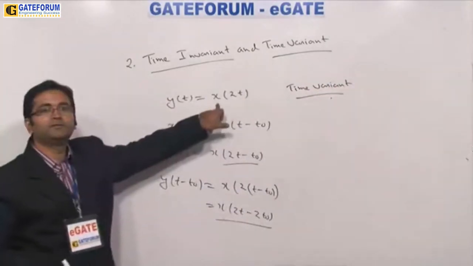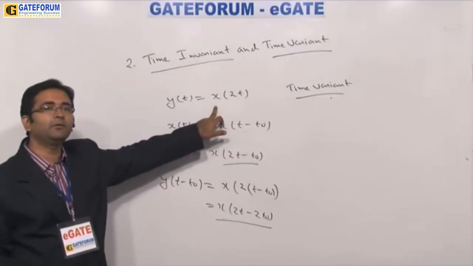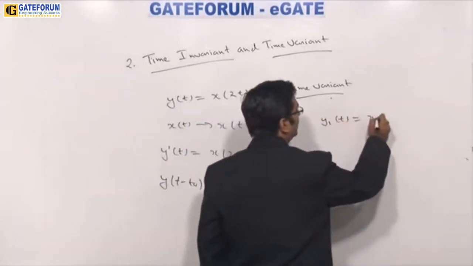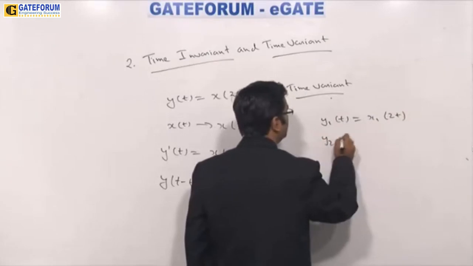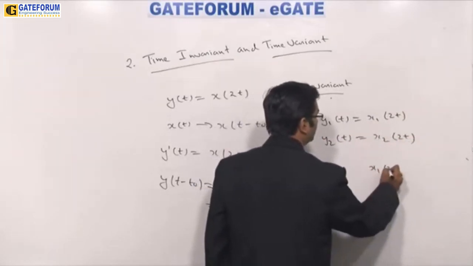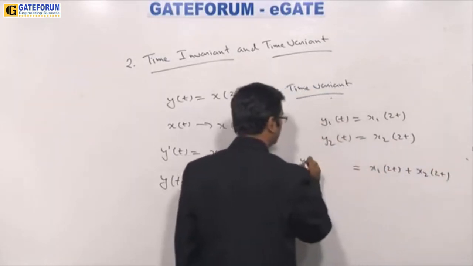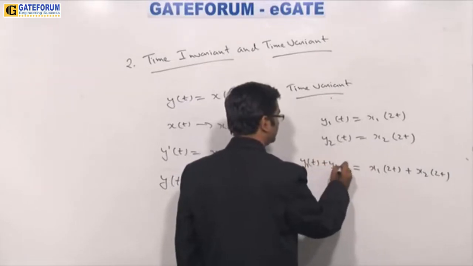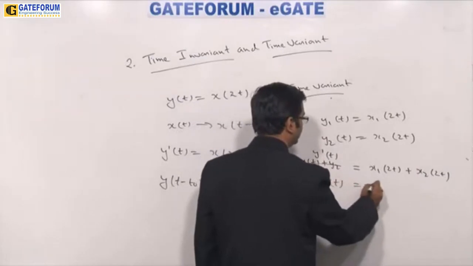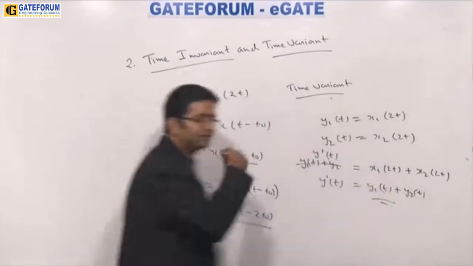What about the linearity of this? Whether the given system is linear or non-linear? Yes, apply the property of linearity. If x1(t) is the input, I will get y1(t); x2(t) gives y2(t). x1(2t) plus x2(2t) is going to give you y'(t), which is equal to y1(t) plus y2(t). Hence the system is a linear system.